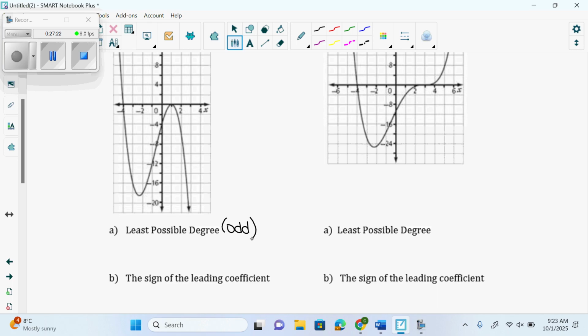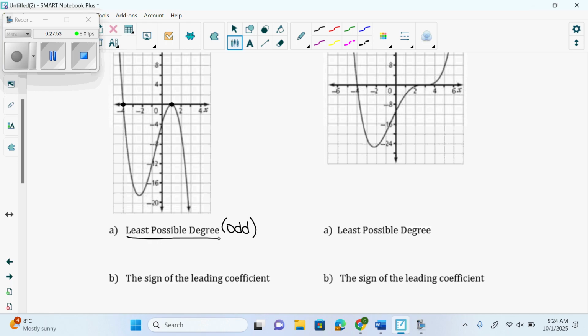Is it degree 3? Well, let's count. What is the multiplicity of this x-intercept where it goes straight through? 1, correct? What's the multiplicity of this one? 2. Do you see how I say least possible degree? I would say least possible degree because it could be 2, it could be 4, it could be 6, it could be 8, it could be 10, it could be 12, correct? But when it says least possible, what is the least that multiplicity could be? 2.